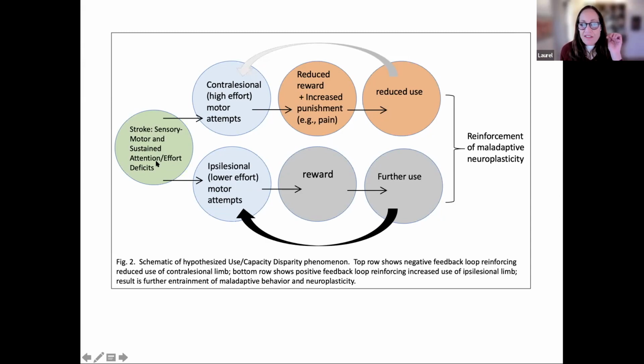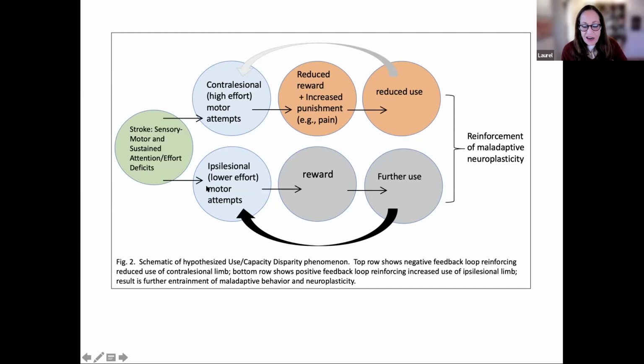But when you have a problem with this sort of lowered effort, this may play an important role in this pattern that we see here, which is that high effort motor attempts, similar to what was in the prior model, are punished, leading to reduced use. And this light gray arrow suggests a feedback loop of increasingly reduced use of that arm.